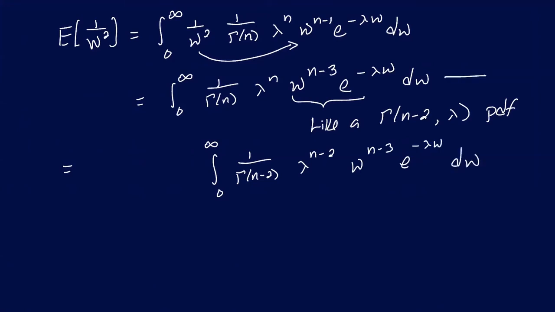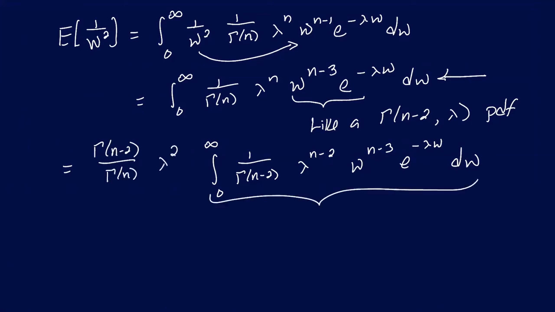And to make that equal to the previous line up here, I will need gamma of n minus 2 over gamma of n lambda squared. And this is the integral of the gamma PDF, so it's equal to 1. And we get gamma of n minus 2 over gamma of n lambda squared.